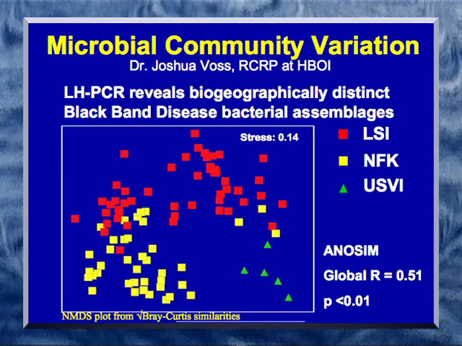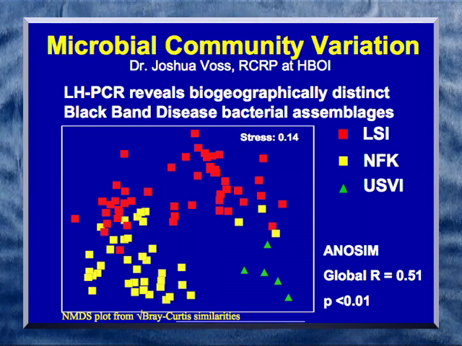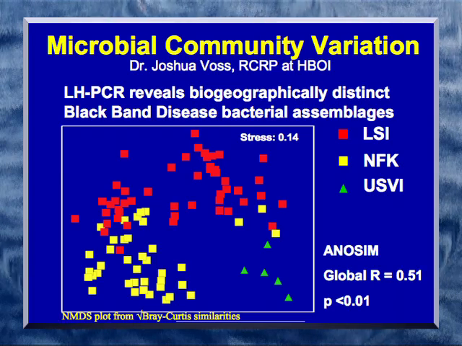This reveals that there are different assemblages, so different communities, within Blackband consortiums from different regions. This is important because the bacterial communities are different, but the disease is affecting the corals the same. So it's having the same result with different communities, and that's kind of surprising.